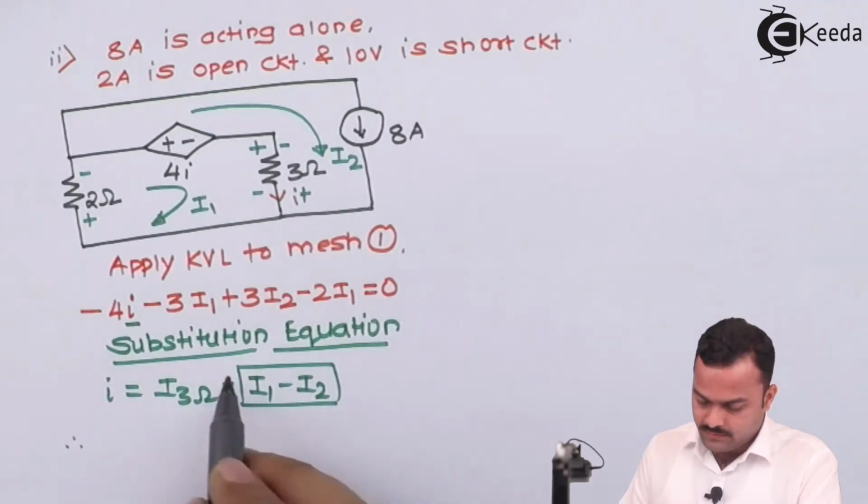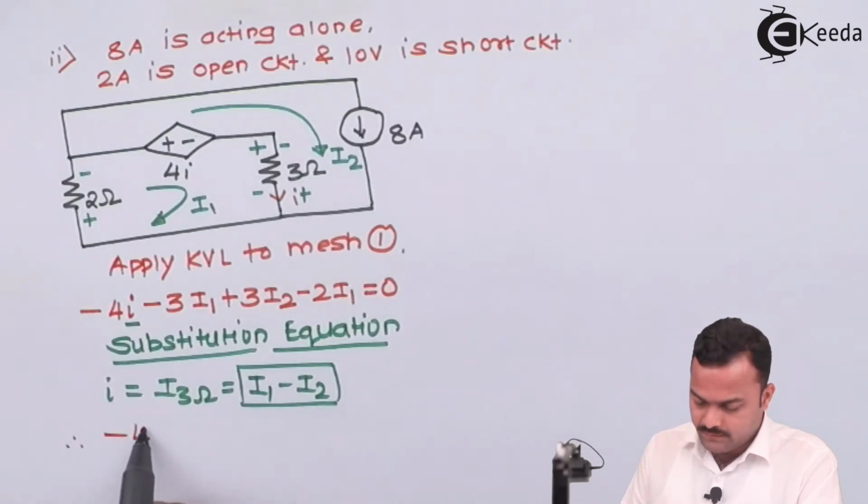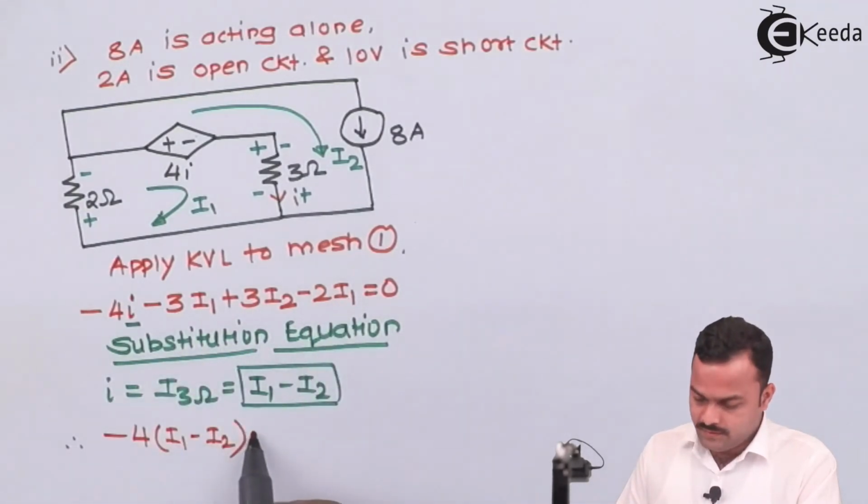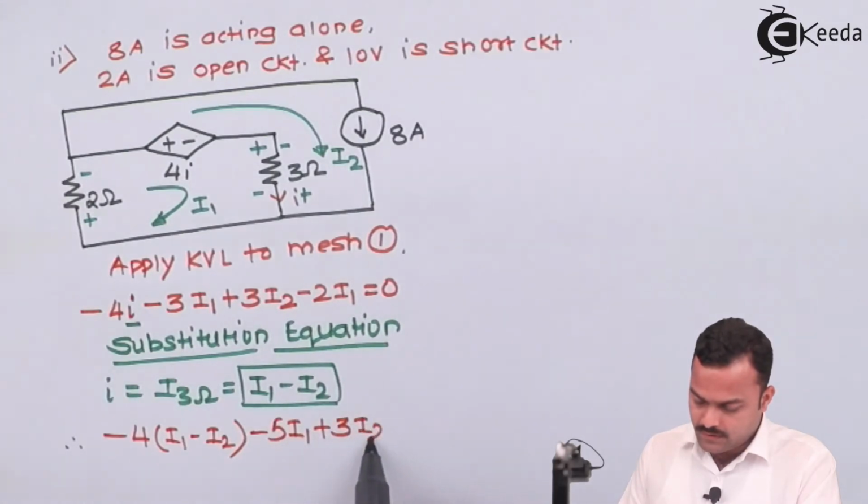So if I substitute over here, I will get minus 4 into I1 minus I2, minus 3I1 minus 2I1 will be minus 5I1 plus 3I2 equal to 0.